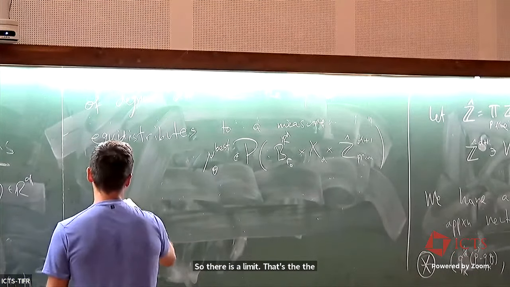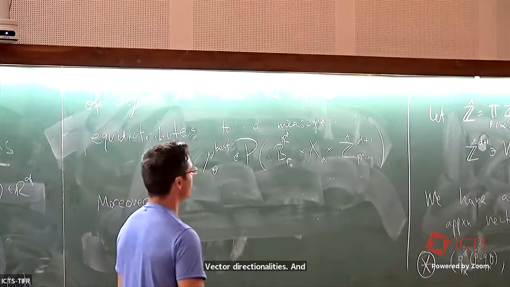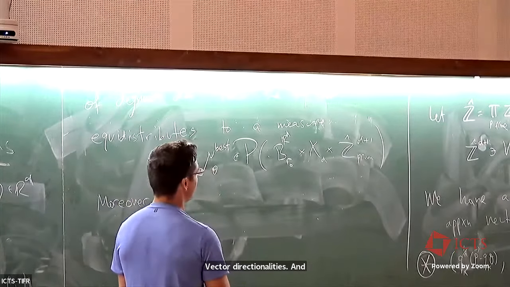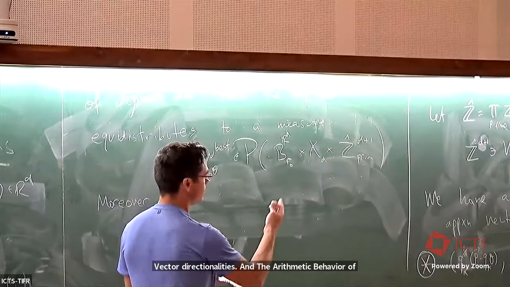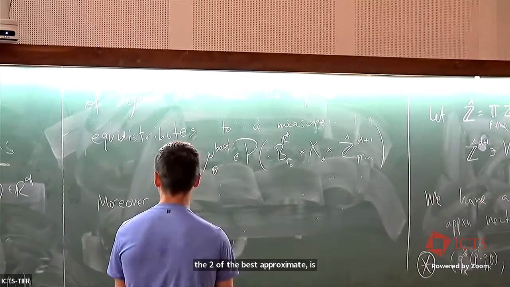I want to stress that it's a very different limit than the limit that we saw earlier. So the statistics of the observables that we are interested in, displacement vector, directional lattice, and the arithmetic behavior of the best approximant, is strictly different than the almost sure behavior.